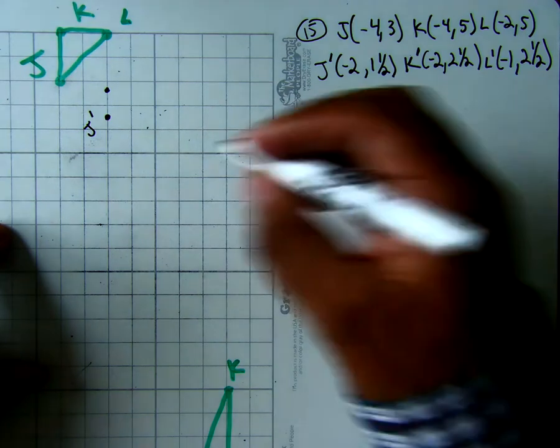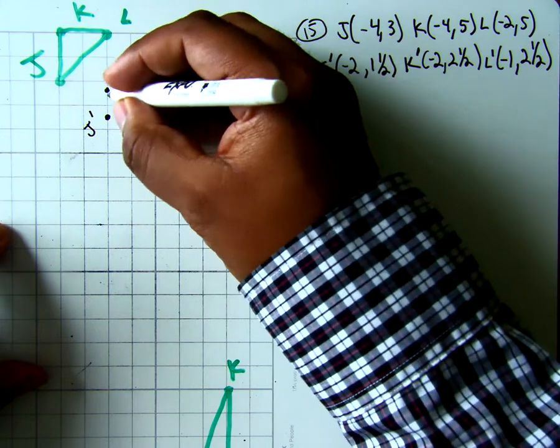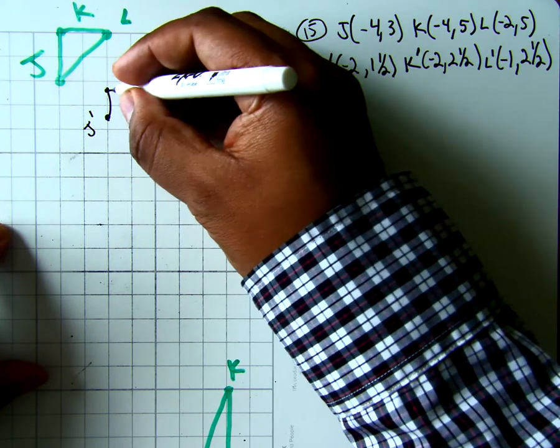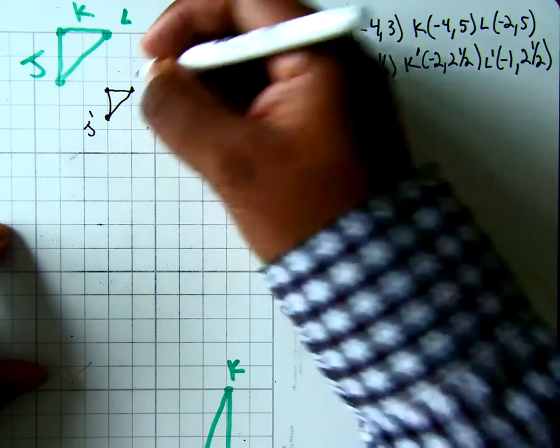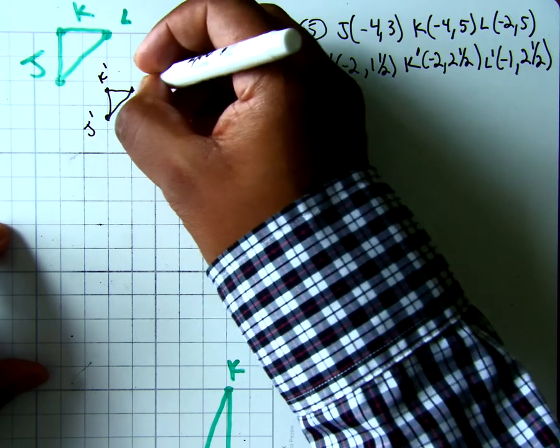And finally, I'm going to go back 1 and go up 2.5. Okay, I'm going to go ahead and label these here, K and L.